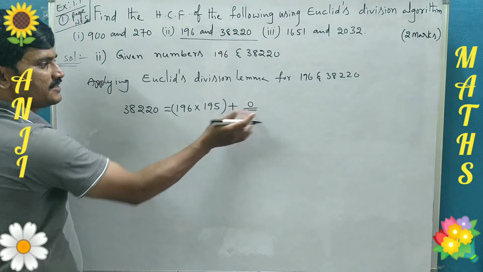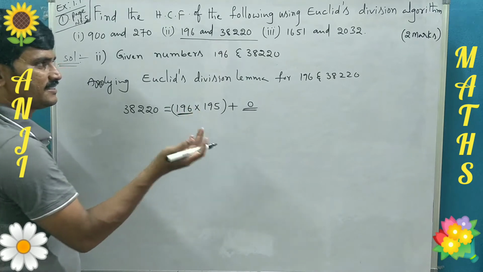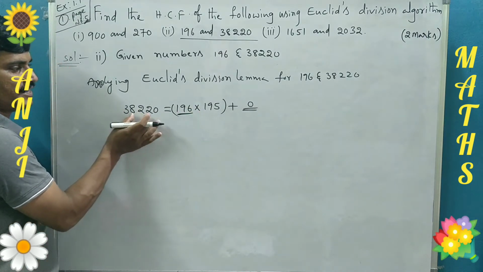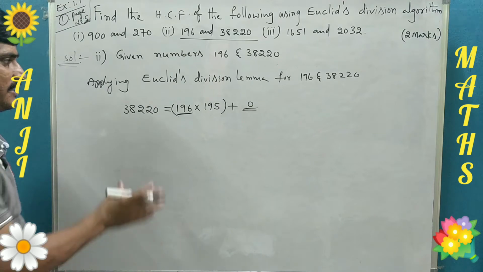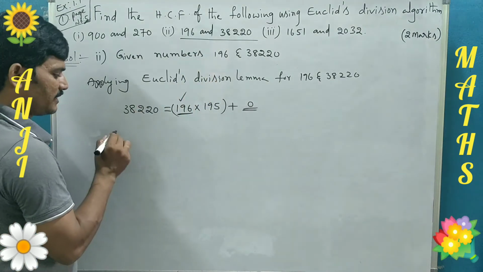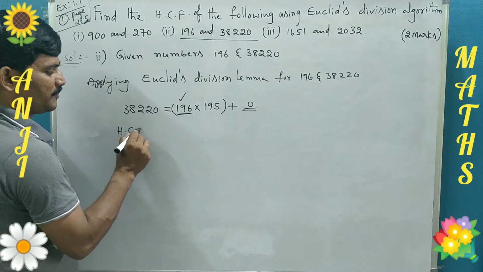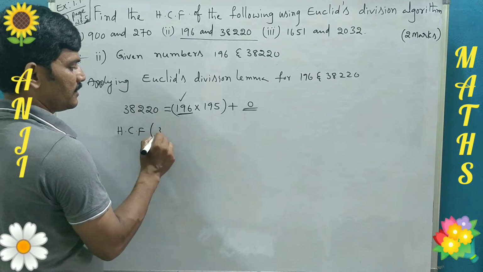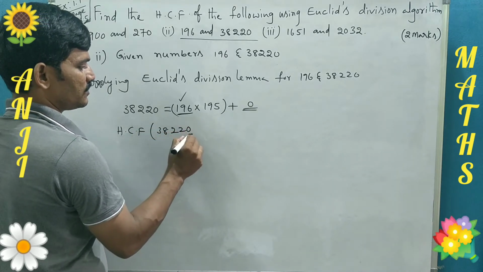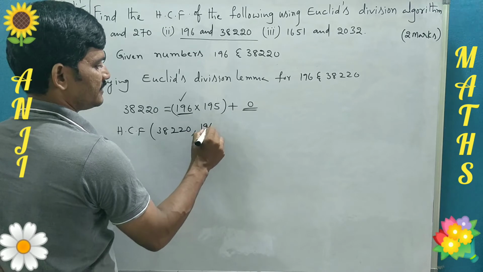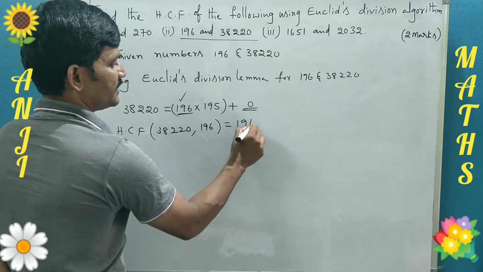As you got the remainder 0, this 196 is a factor of 38,220. Therefore, this would be the HCF of the given pair of numbers. The HCF of 38,220 and 196 is obviously 196.